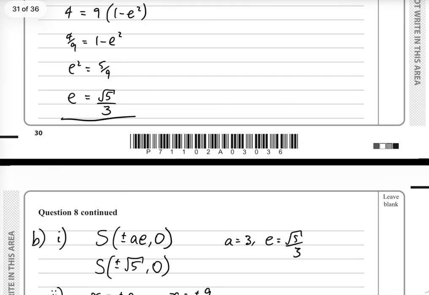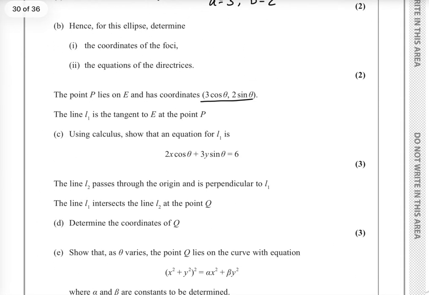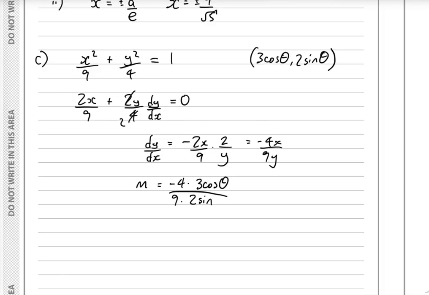But we've also been given the point 3 cos theta, 2 sine theta. So we can put that in. So our gradient of a tangent is minus 4 times 3 cos theta over 9 times 2 sine theta, giving minus 2 cos theta over 3 sine theta.